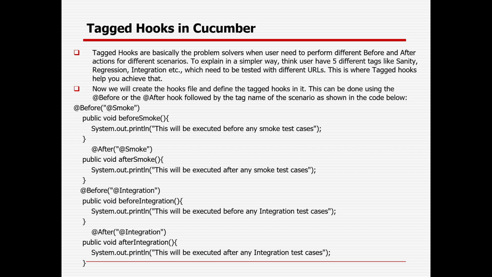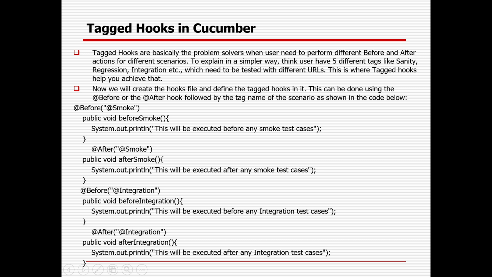So tagged hooks are basically the problem solver when a user needs to perform different before and after actions for different scenarios. To explain in a simpler way, think the user has different tags like sanity, regression, integration, UAT, all of which need to be tested with a different URL. This is where tagged hooks help the user achieve that.